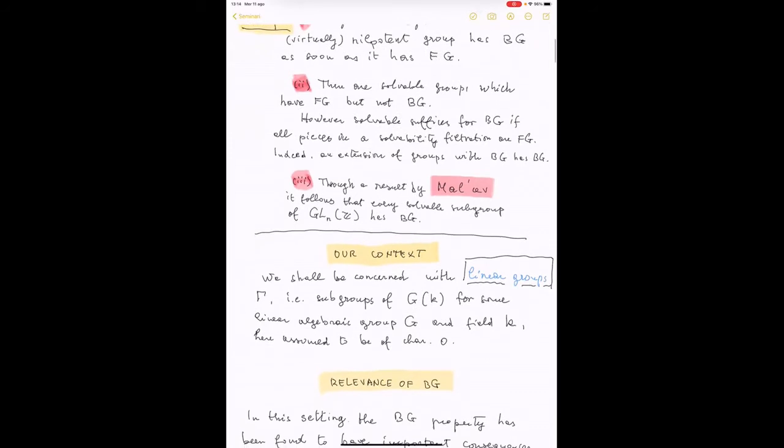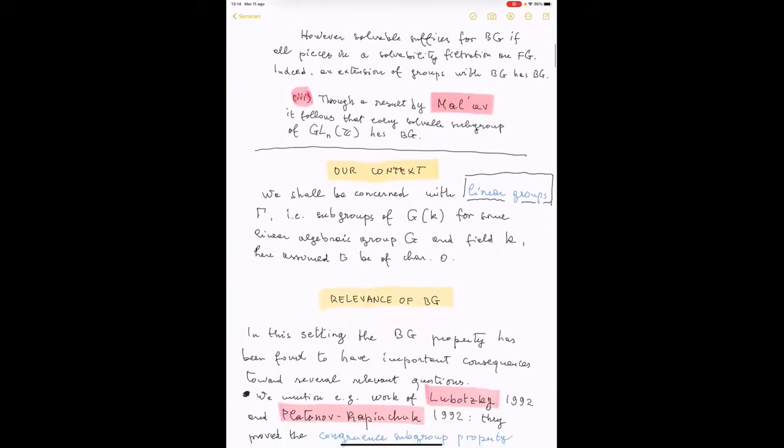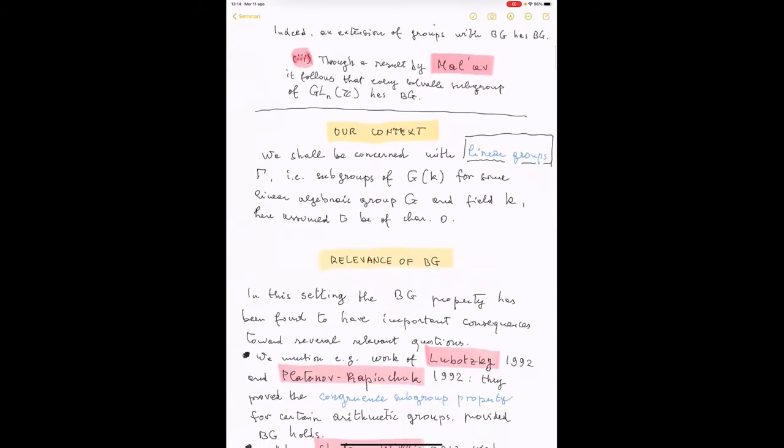So this is a second remark. And the third remark: from a result by Malcev, it follows that every solvable subgroup of GL_n(Z) has bounded generation. So for solvability it suffices to be inside such an arithmetic group such as GL_n(Z).